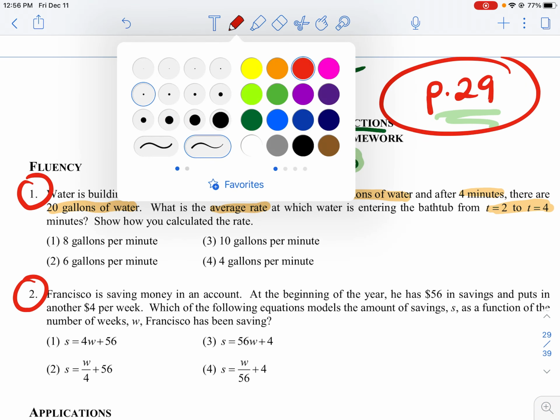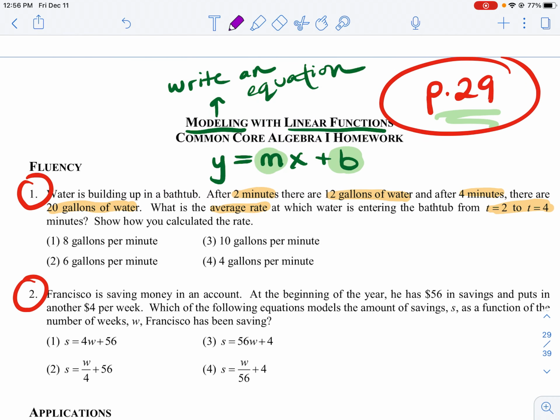What we have to figure out is, hey, what goes with 2 and what goes with 4? We don't have any points here. So what we're going to do is I'm going to make some points. 2, we know, goes to 12. At 2 minutes, there's 12 gallons. And 4, we know, goes with 20. So that's our first step, is we're going to figure out points.